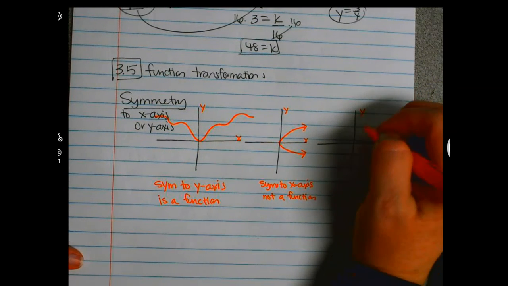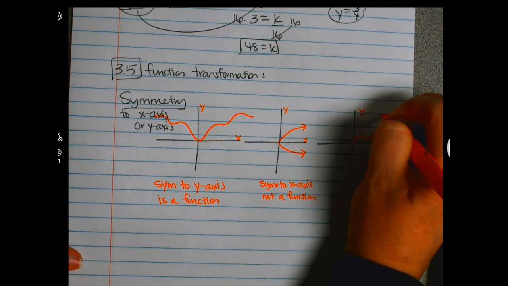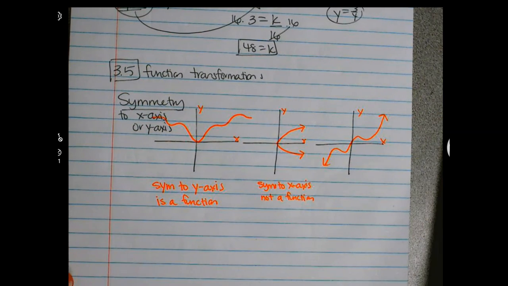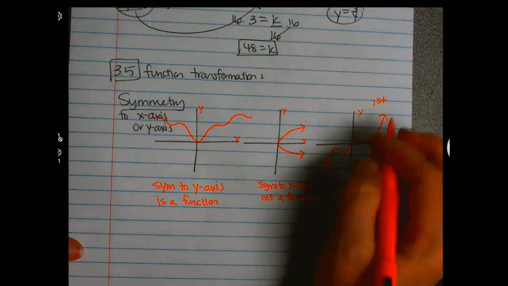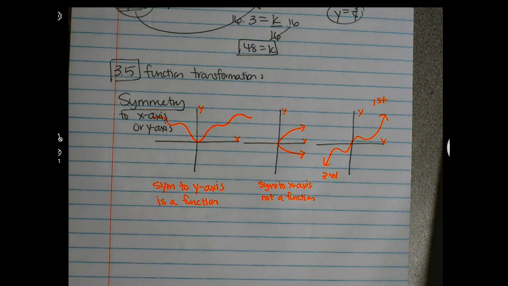And then the third is, what if it goes like that? Whoa. See how the first quadrant and the third quadrant are the same? This is called rotational symmetry to the origin.